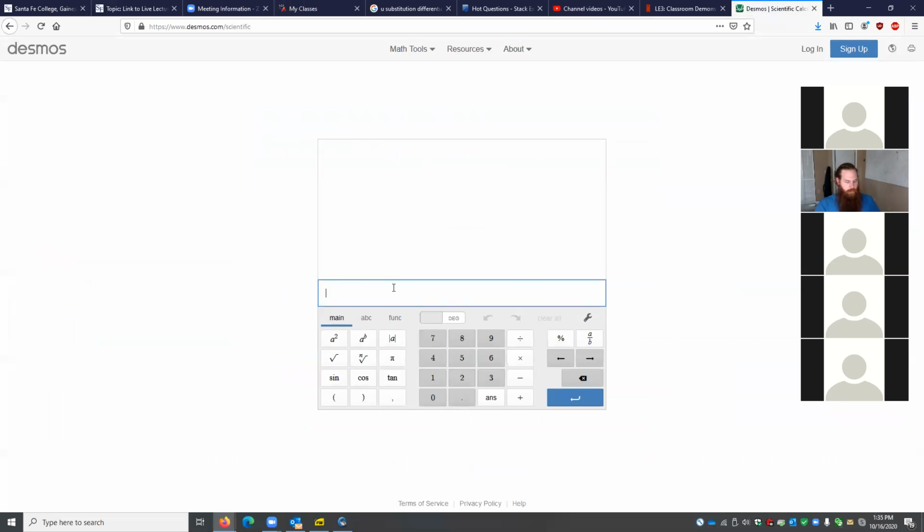All right, first, square root 2. This is a decimal approximation, and it's very, very good, right? The calculator is using something pretty cool here to do this.